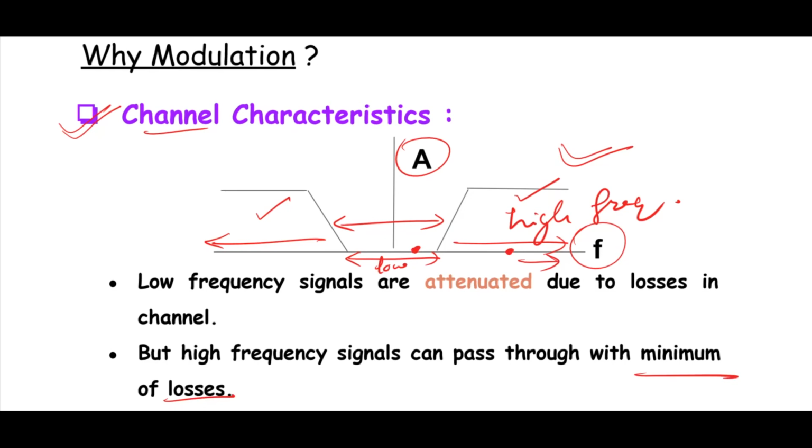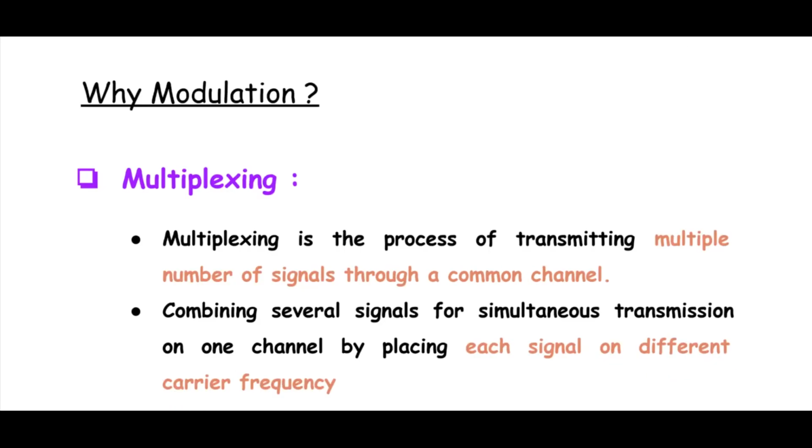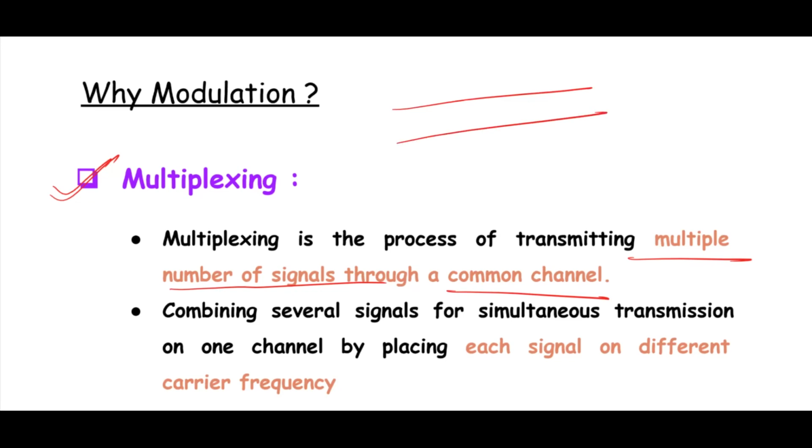All right. Another important application of modulation is multiplexing. This technique ensures the effective utilization of one channel, right? Here, we can transmit multiple signals through a common channel. In the British era, the channel was dedicatedly allocated to a single user, so no other user could transmit or receive any signal from there.